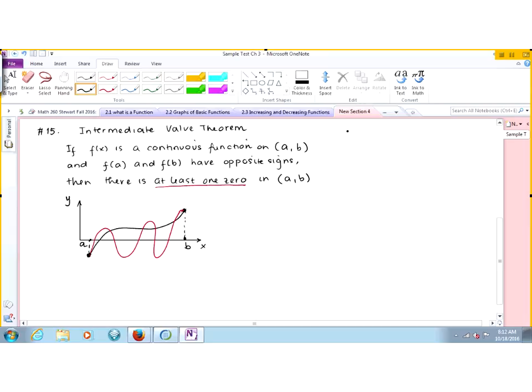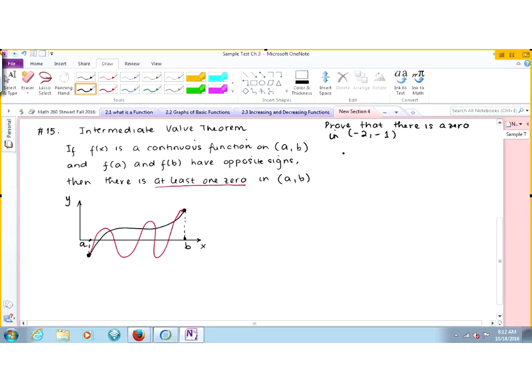Now, what do you have to do for number 16? You have to prove that there is a zero between -2 and -1. First, you have to state that the function is continuous.